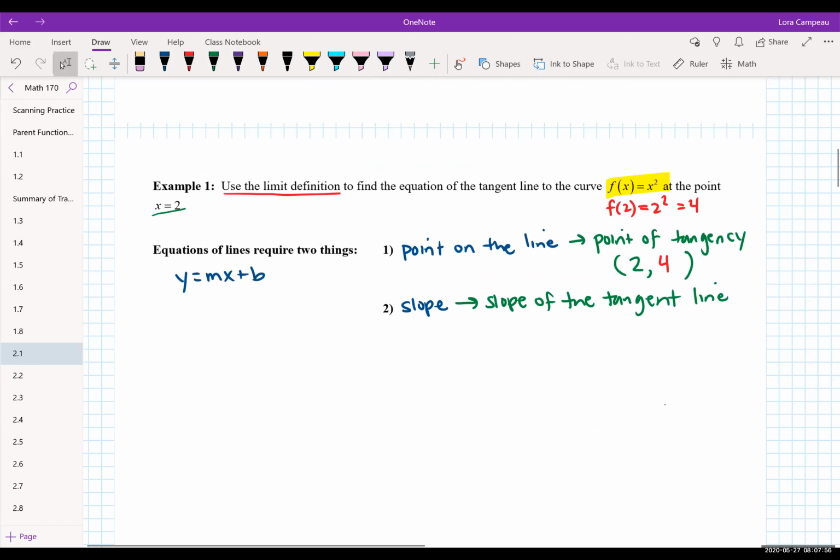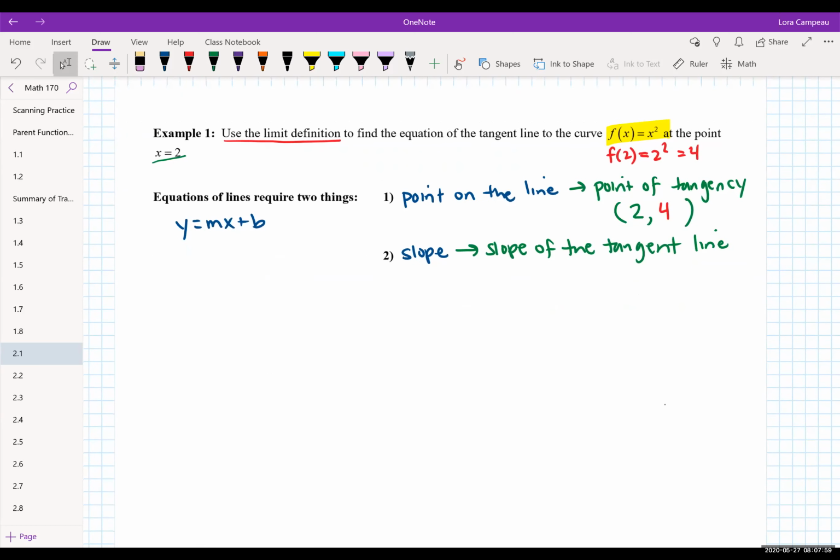Pretty soon you might not need the formula, but we can write it out. Generically, f prime of a equals the limit as h approaches 0 of f of a plus h minus f of a, all over h. Sometimes you write it out more as you get more comfortable with using it.